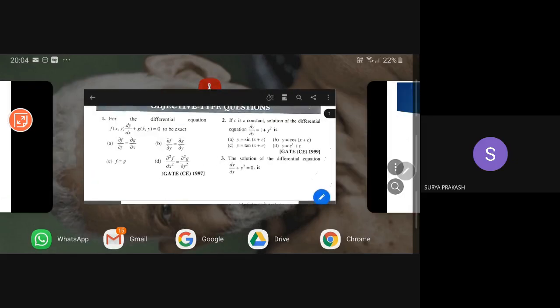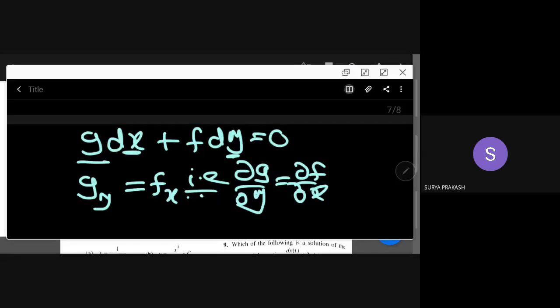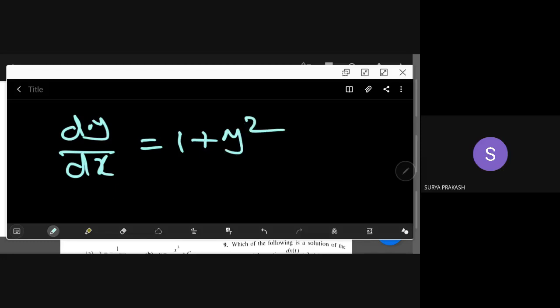So dy dx is equal to 1 plus y square. In fact, this is a separable equation also.